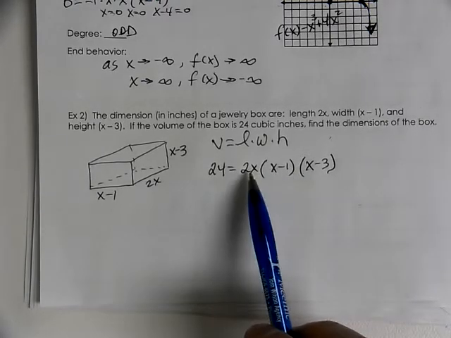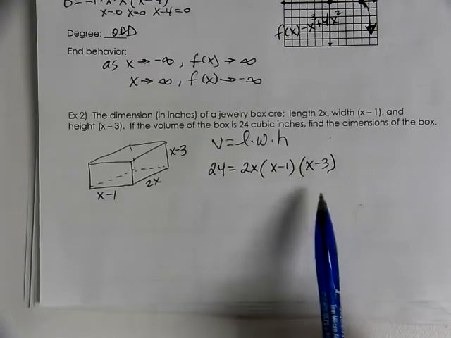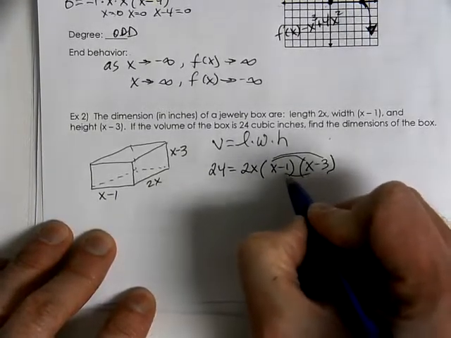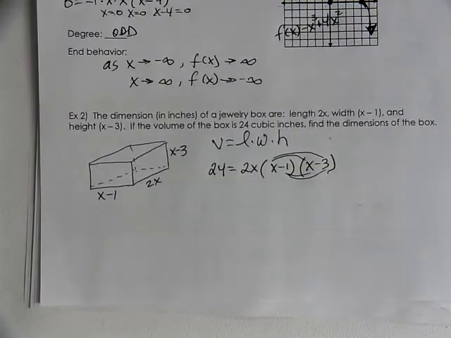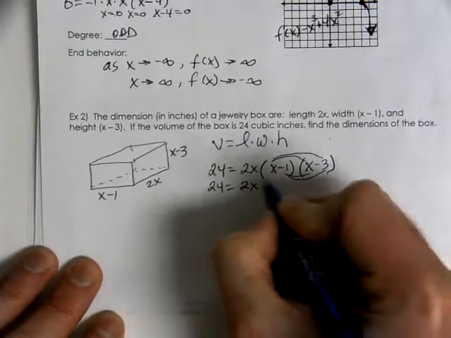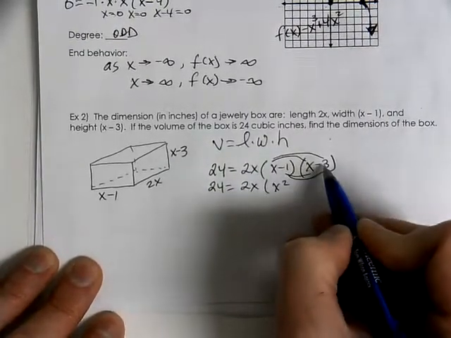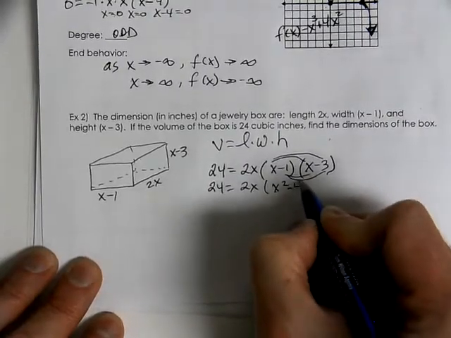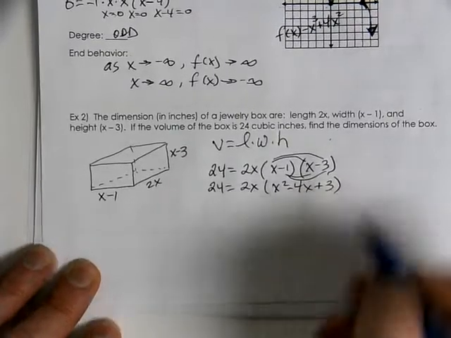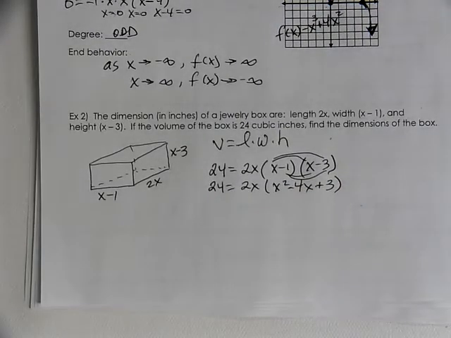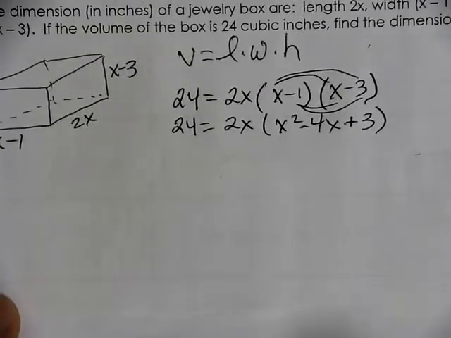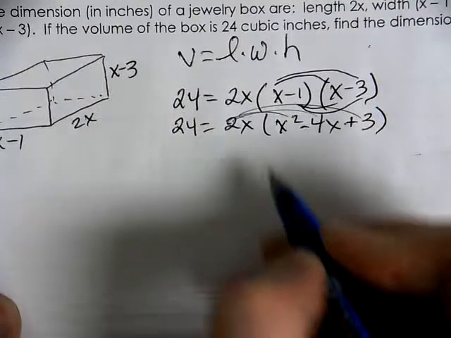Well, one method, we would want to turn this into standard form. So I could start out by foiling my two binomials together. So I have 24, I have 2x. This is going to become x squared. Minus 3 and minus 1 gives us a negative 4x. A negative 1 and a negative 3 gives us a positive 3. Then we're going to distribute the 2x through.